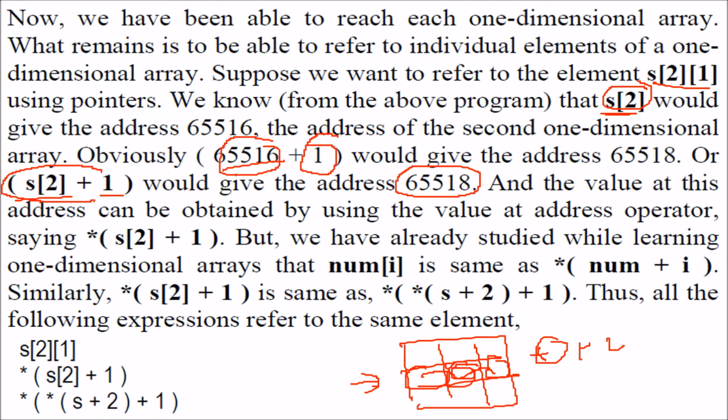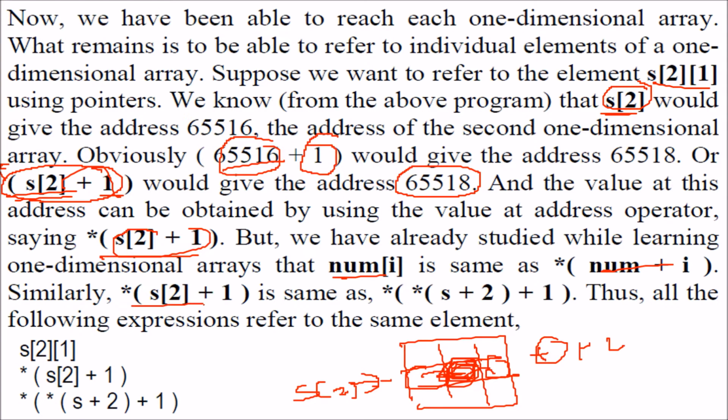Now you have started with s[2], say here. Now you add 1, so you have come to this point. Now you say I want the value here, because you have reached that address. So just put a star in front of it. When you put a star in front of it, that is the value pointed to by this address. For a one-dimensional array, num[i] is similar to *(num+i). We know about that.